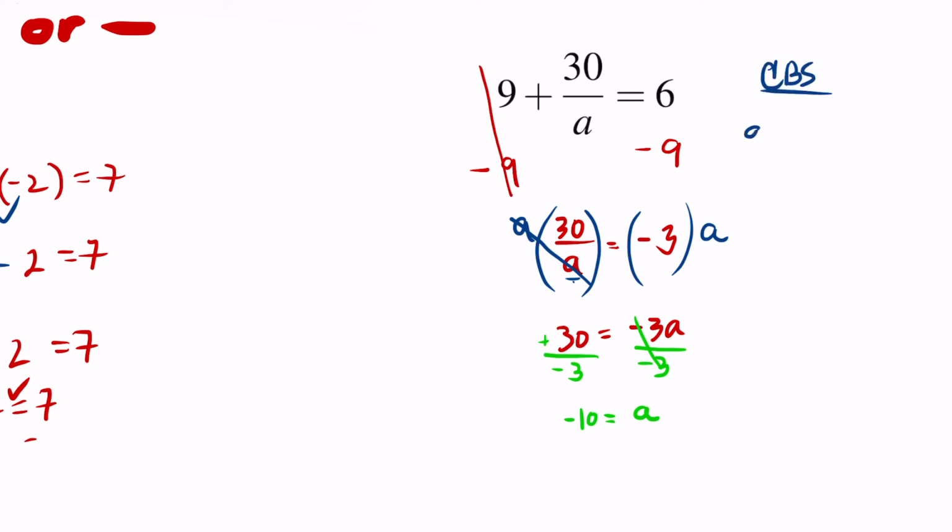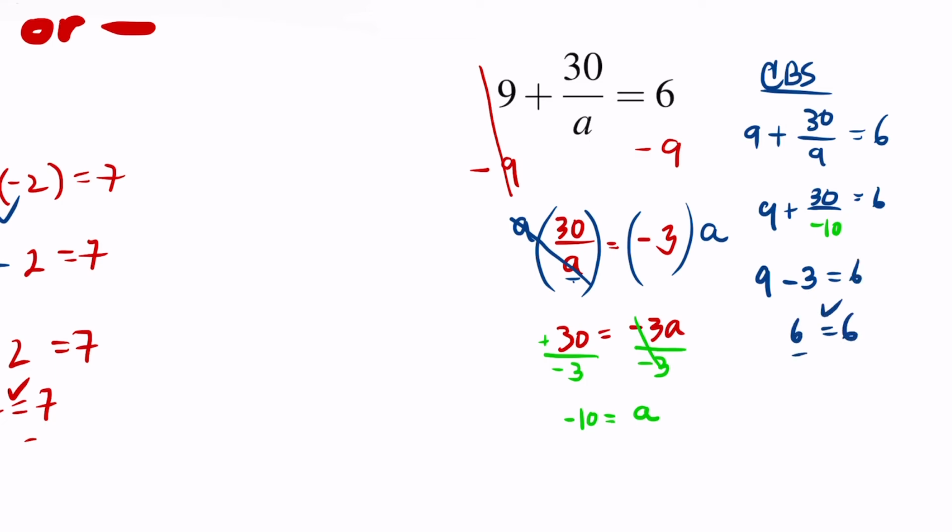Okay, so 9 plus 30 over a equals 6. 9 plus 30 over a, which is negative 10, equals 6. 9 plus, what is positive 30 divided by negative 10? That would give you negative 3, equals 6. And 9 minus 3 is 6, equals 6. If they're equal, then this is correct.